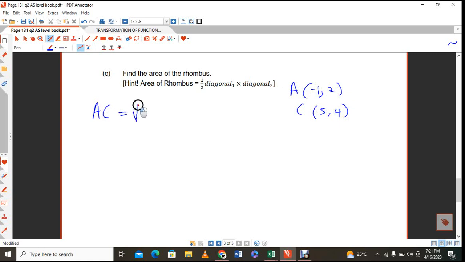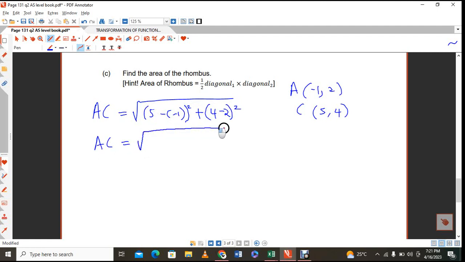If you calculate the distance, you're going to have 5 minus negative 1 all squared plus, of course, 4 minus 2 all squared. So AC is 6 squared plus 2 squared. So here you have 36 plus 4, which gives me root 40. I'm going to leave it like that.